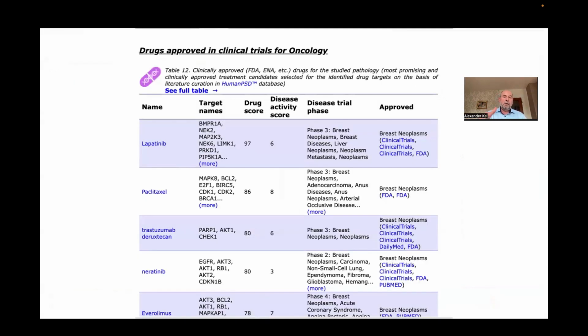Finally, our program is also able to predict drugs which can interact with those master regulators. And of course, first it does the typical, classical drugs, and it found, as it should, the classical drugs for breast cancer based on those targets which we found, and on the knowledge which targets are targeted by each drug.